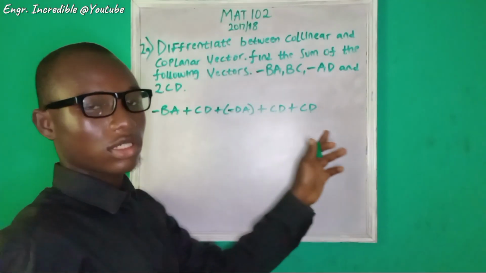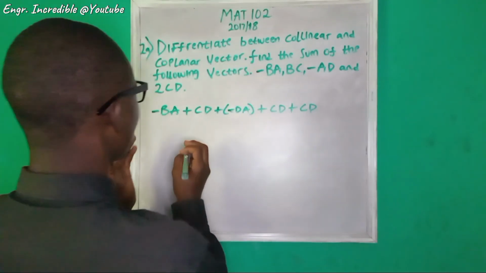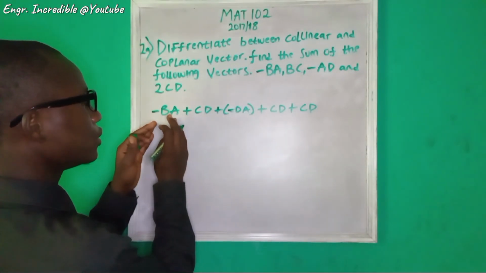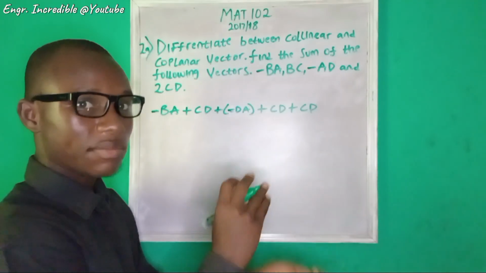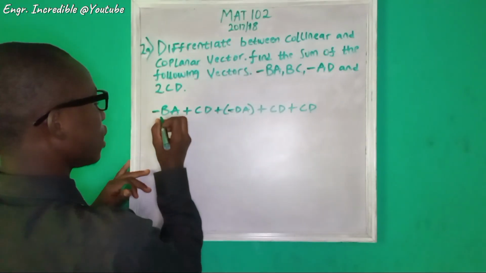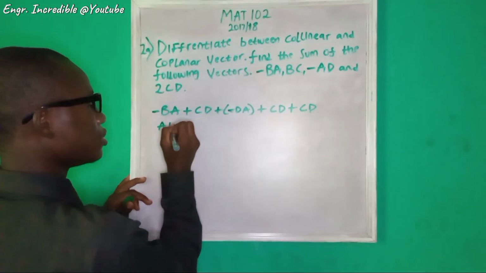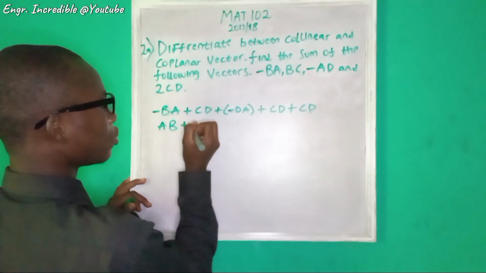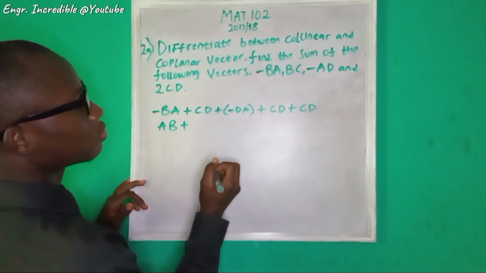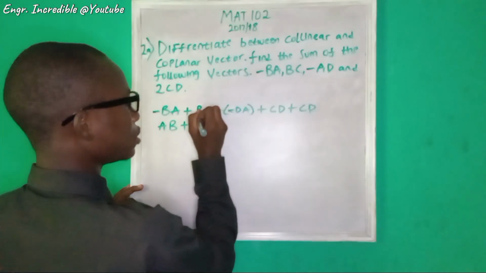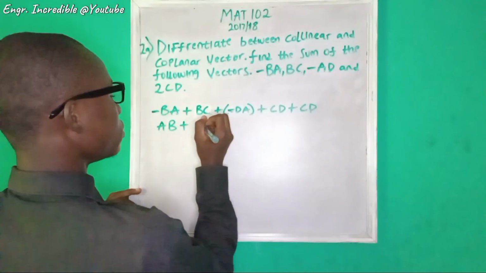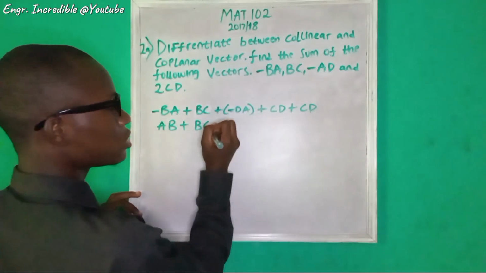Minus BA is the same thing as AB according to vector, so we have line AB plus line BC.